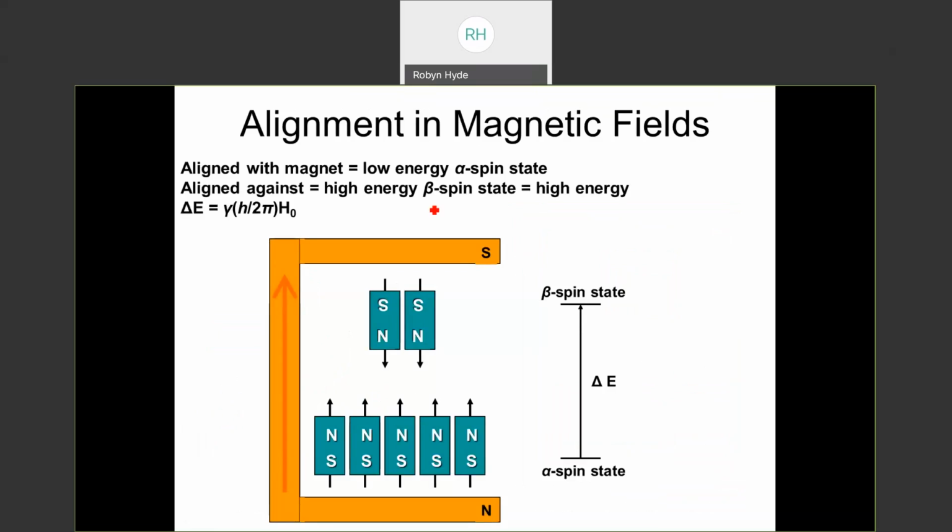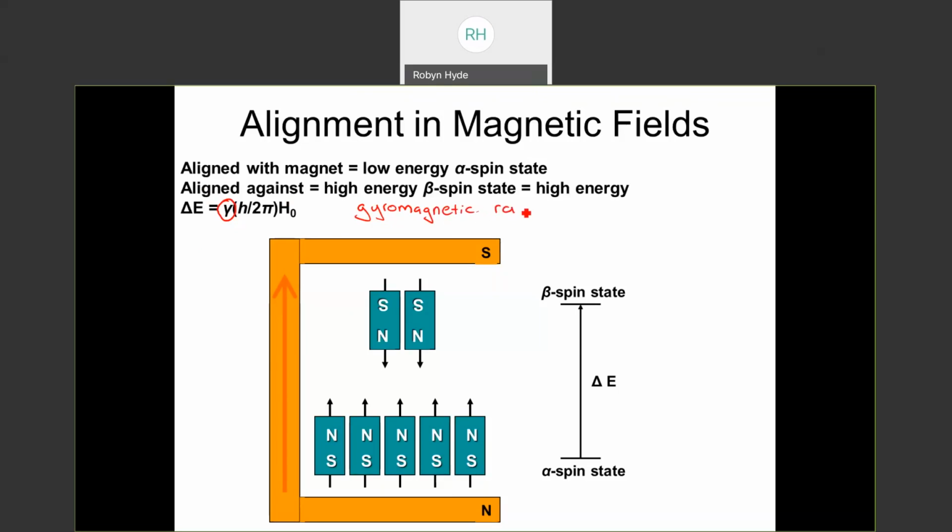The difference in energy in between is a delta E value that we can calculate. So protons have a very specific delta E value. Carbon-13 atoms have a very specific delta E value. And the delta E value for each kind of atom is different because in this delta E equation, which we're not ever going to solve on paper, is the gyromagnetic ratio.